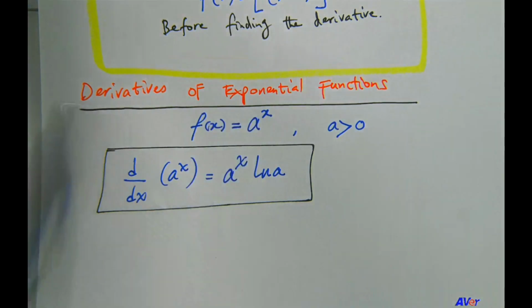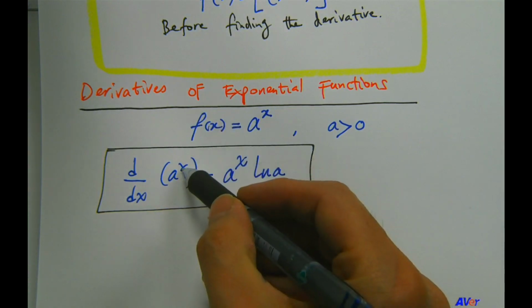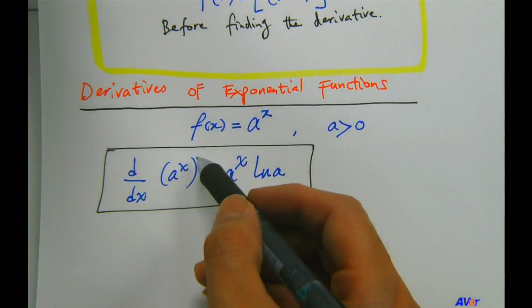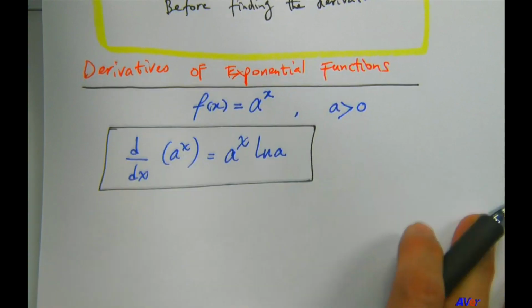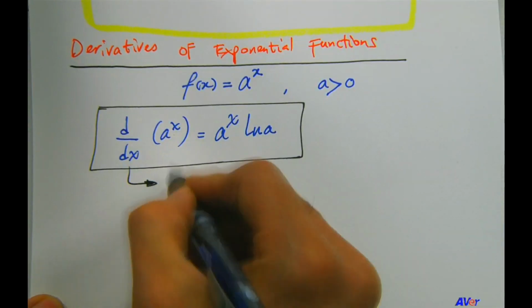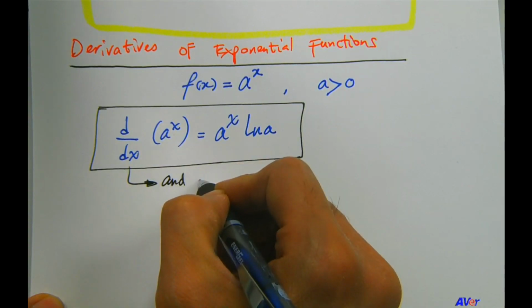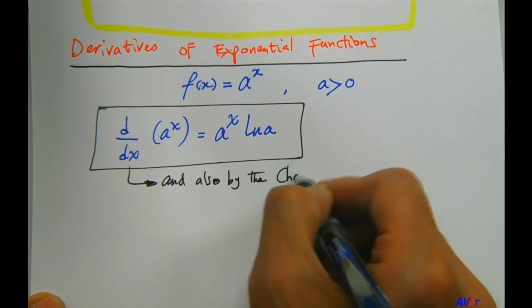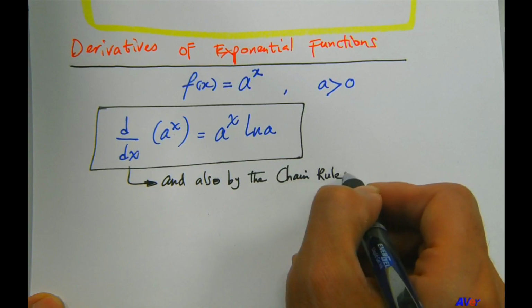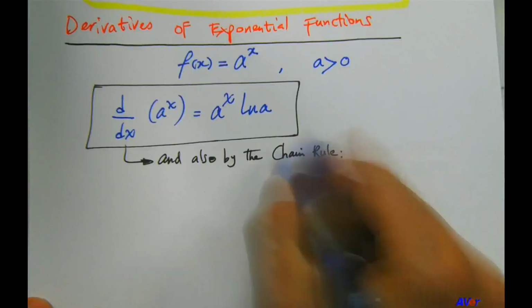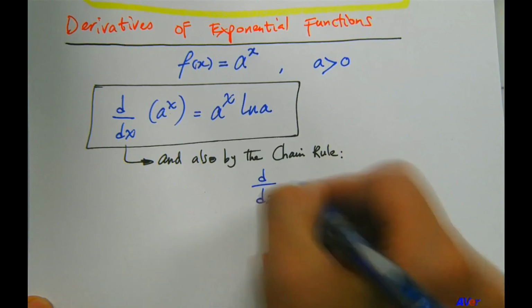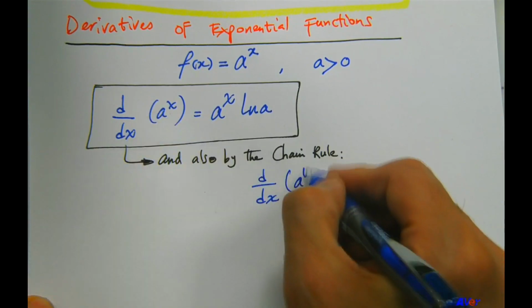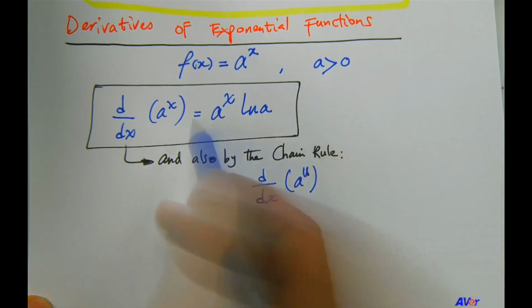And of course, this has its equivalent using the chain rule. So suppose this power was not x, but some function of x. Then we could apply the chain rule. So let's also mention that. By the chain rule, we have the derivative of, instead of x, u being some function of x.